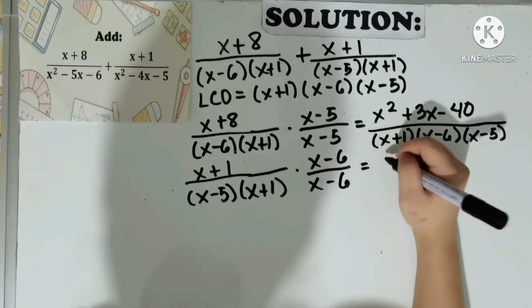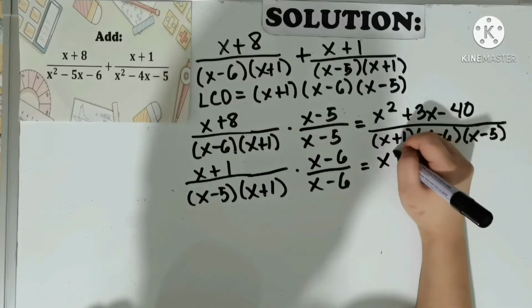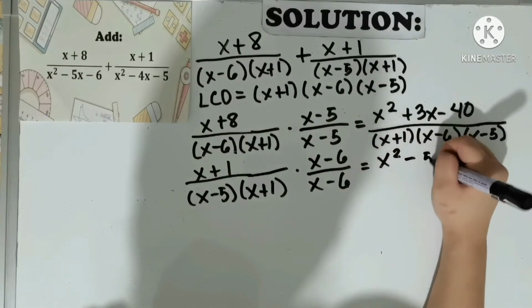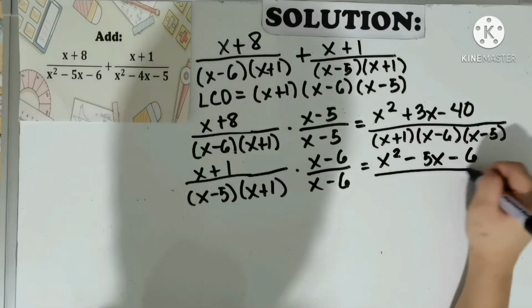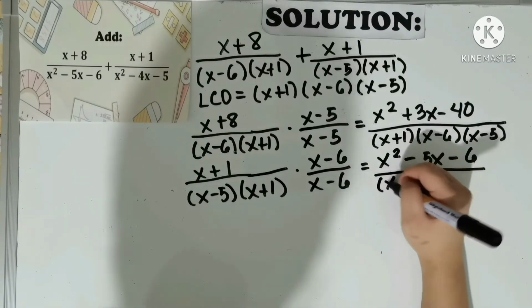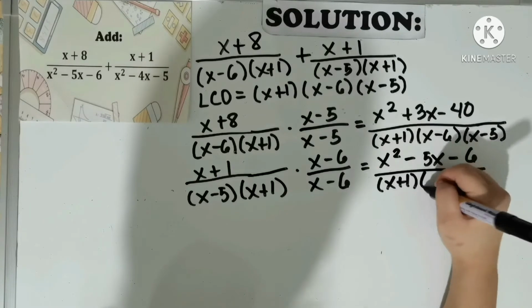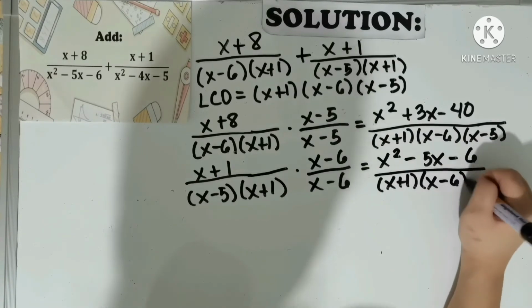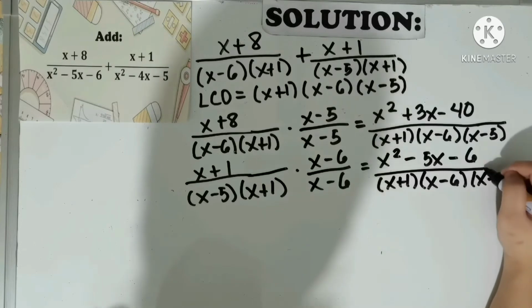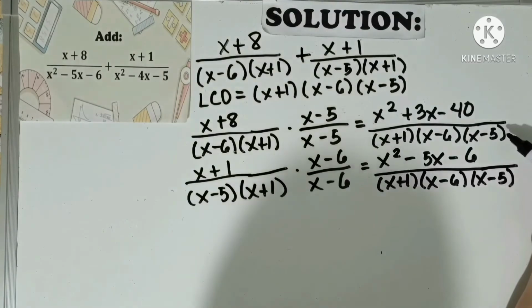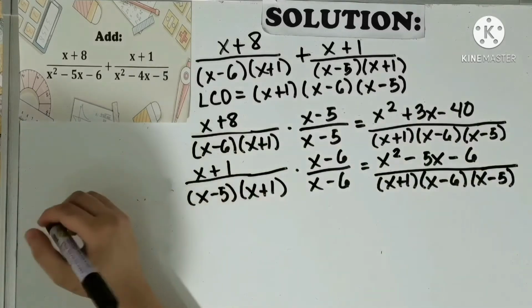And our answer is equal to x squared minus 5x minus 6 all over x plus 1 multiplied by the quantity x minus 6 multiplied by the quantity x minus 5. Now that we have the same denominators, we can proceed to step 3, which is adding the numerators.